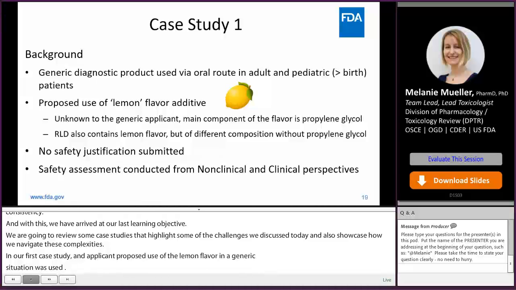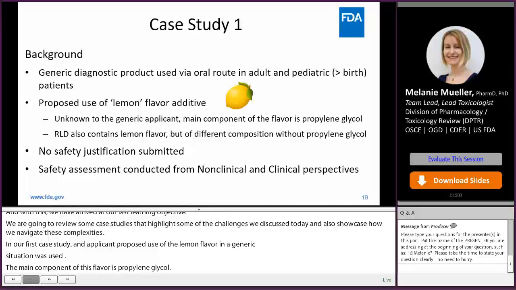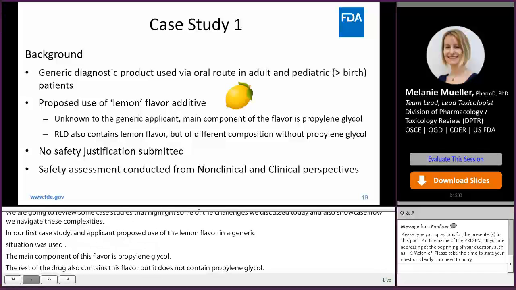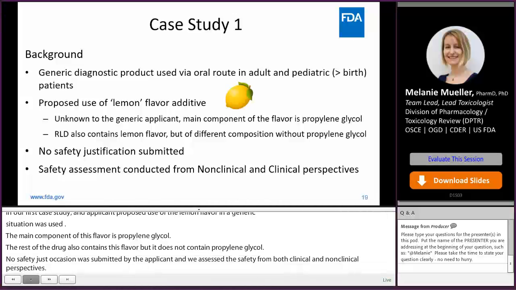No safety justification was submitted by the applicant, and because this product is indicated in pediatric patients, we assess the safety from both non-clinical and clinical perspectives. The proposed flavor was not present in any FDA-approved products. Therefore, we needed to employ the approach in which we assess the individual components of this flavor.